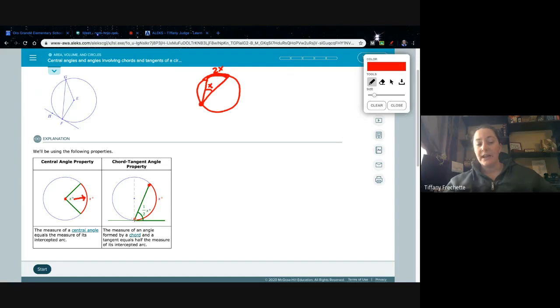And then we have a chord that intersects the tangent, exactly where the tangent crosses the circle, that's another one that we've learned just recently. A tangent grazes the circle or touches the circle at one point. So the chord has to intersect that one point, so it has to cross that one point.